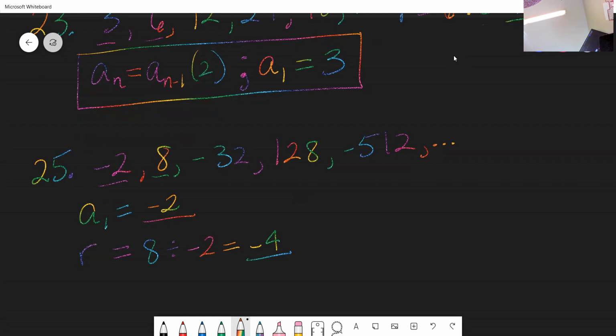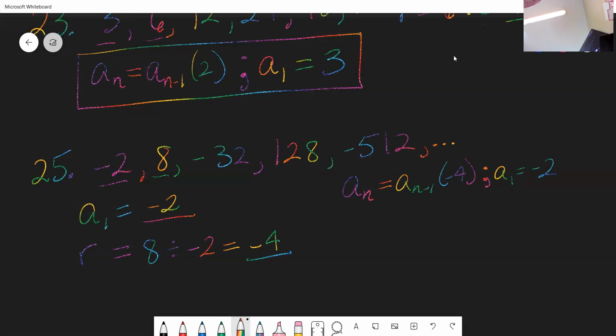So our formula is what? With A1 defined as -2.